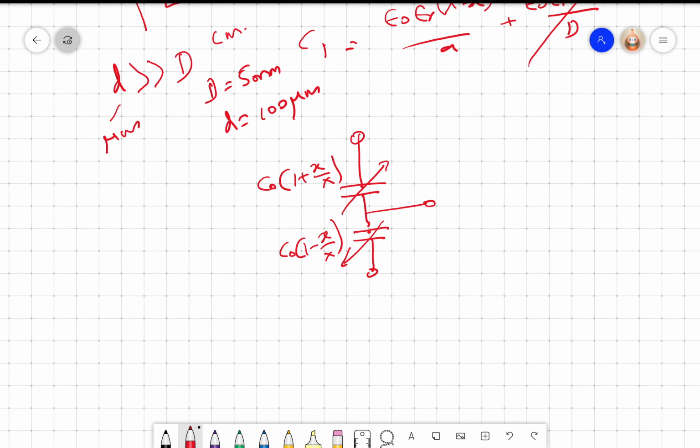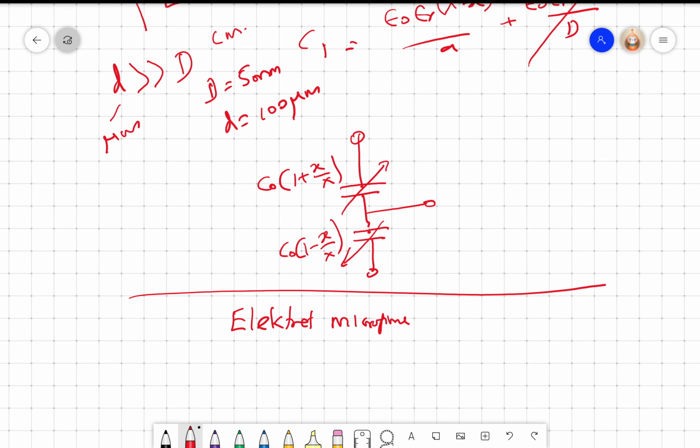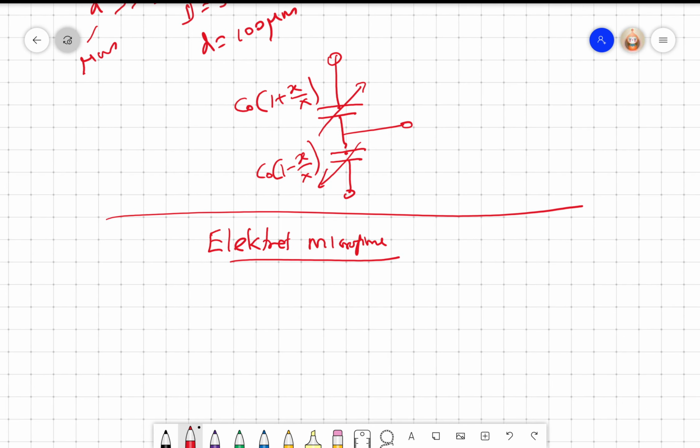The another type of capacitive transducer is called the electret microphone. In fact they were quite popular in the yesteryears, right?